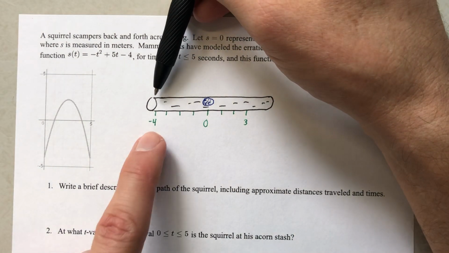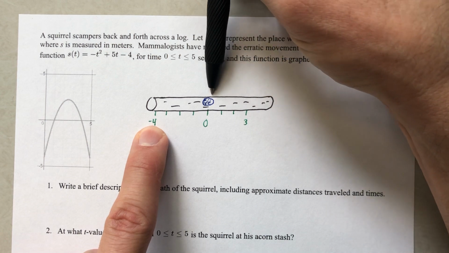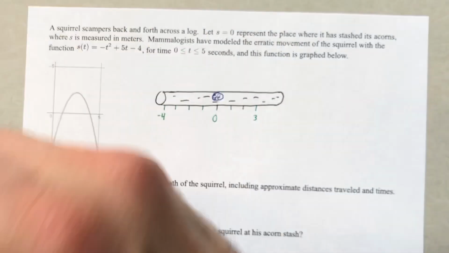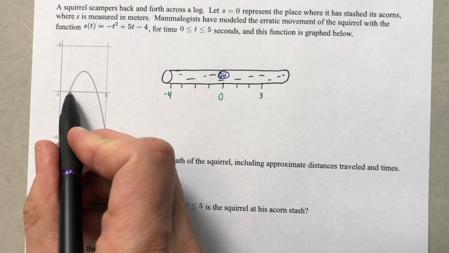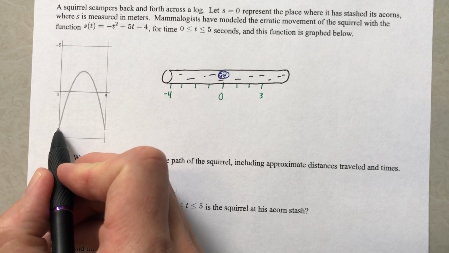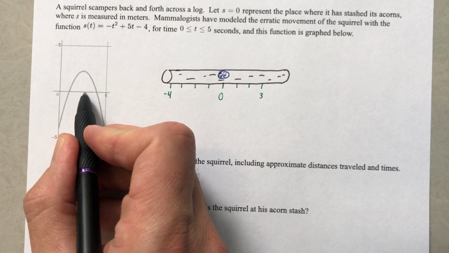So it took him 1 second to travel from here to here, 4 meters. Pretty fast little squirrel. So check this out. From here to here, he traveled from a position of -4 to 0. Then he travels forward.